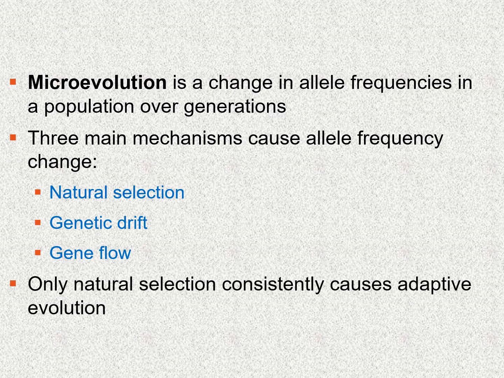Now, natural selection is the only type of mechanism that consistently causes adaptations, so adaptive evolution. Now, genetic variation is basically the start of evolution. So there must be genetic variation present for evolution to actually occur.